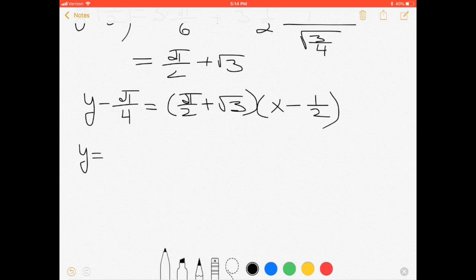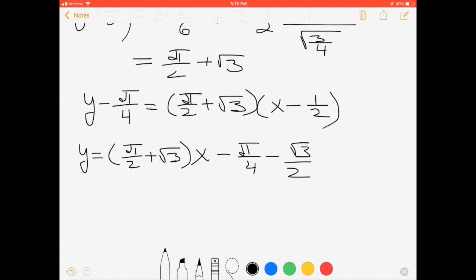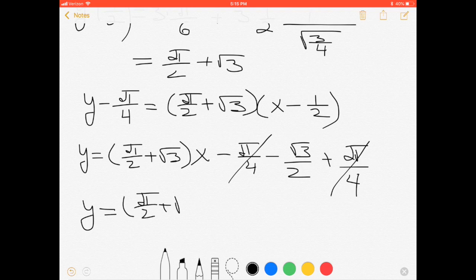We have y equals pi over 2 plus square root of 3 times x, minus pi over 4 minus square root of 3 over 2 plus pi over 4. Those cancel, and the final answer will be y equals pi over 2 plus square root of 3 times x minus square root of 3 over 2.